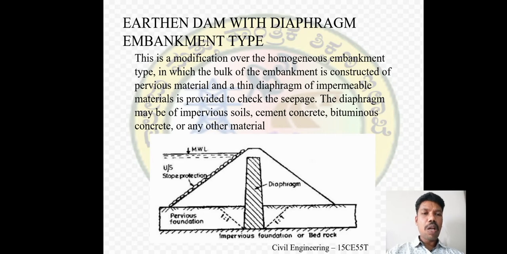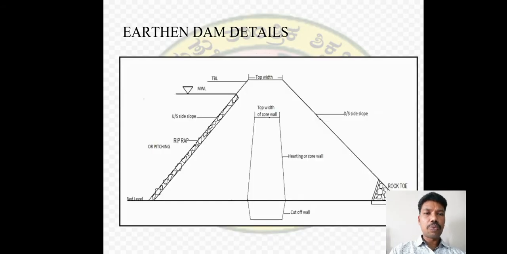The diaphragm wall may be of masonry material, or concrete, or bituminous concrete also. It also works like a barrier that will protect the seepage well within the body of the dam, and that will protect against toe erosion and improve the stability of the dam. In that way, it is a modification of the previous two.